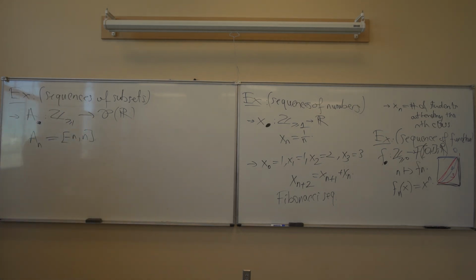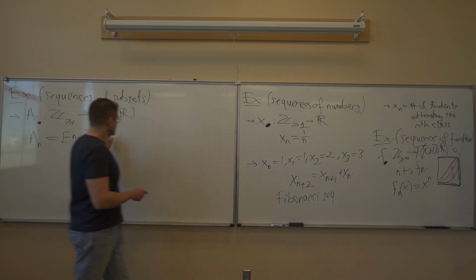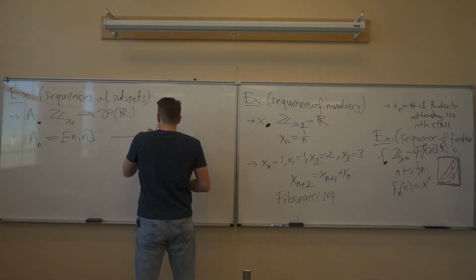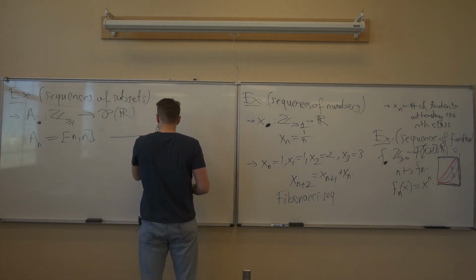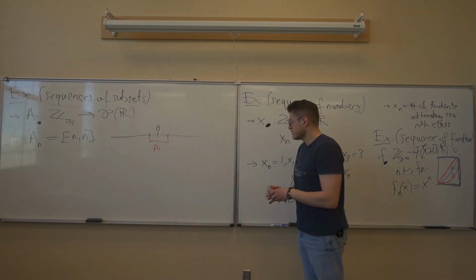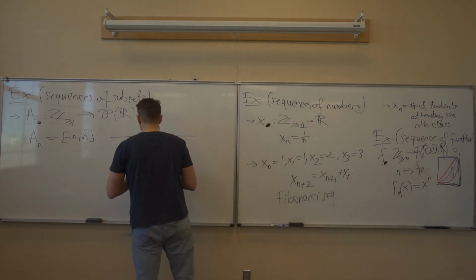That's a sequence of, well, intervals, if you want to call it that. Right? So that's 0. And then here is A sub 1, the first term, and then A sub 2 is from minus 2 to plus 2.